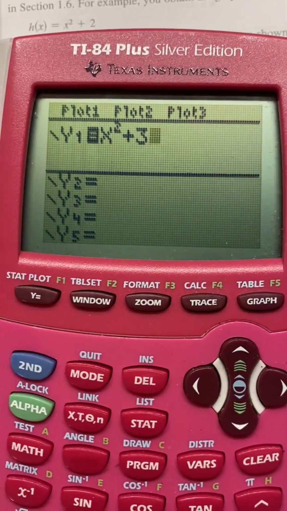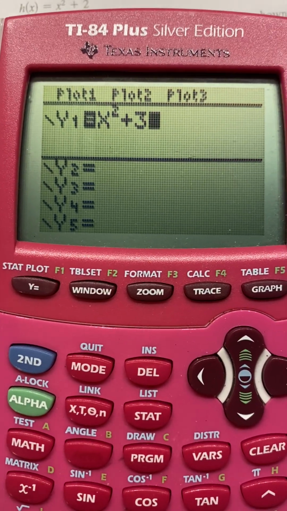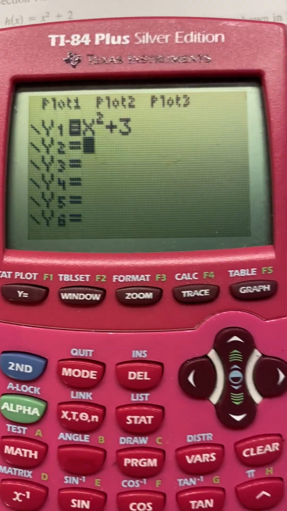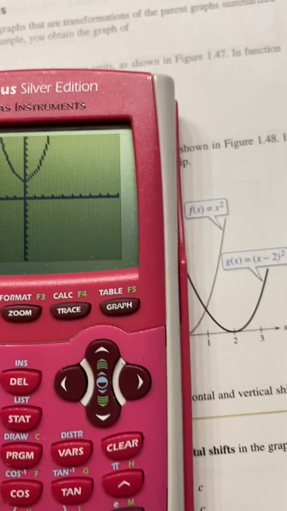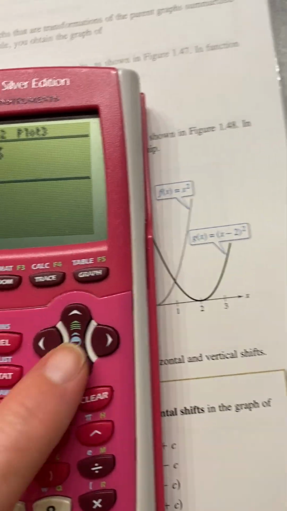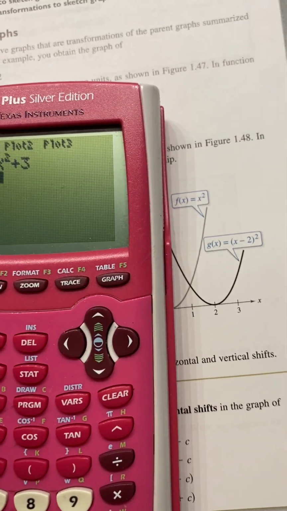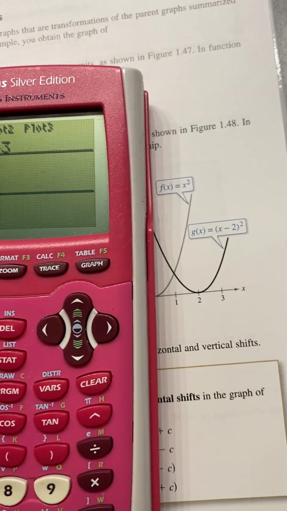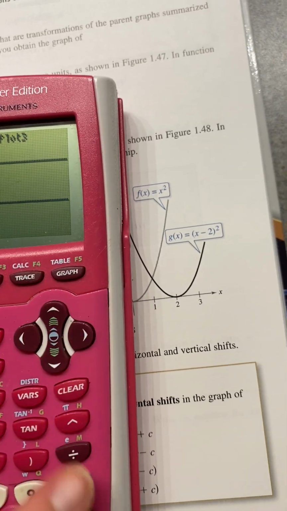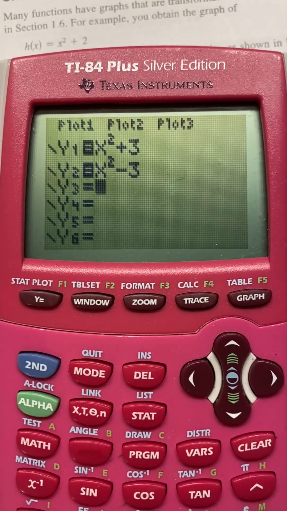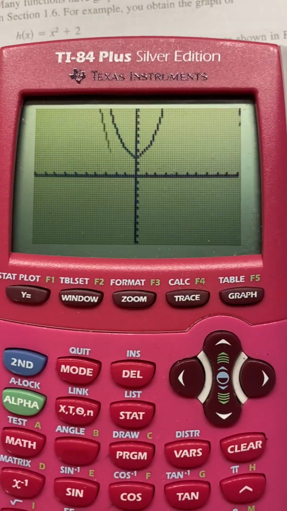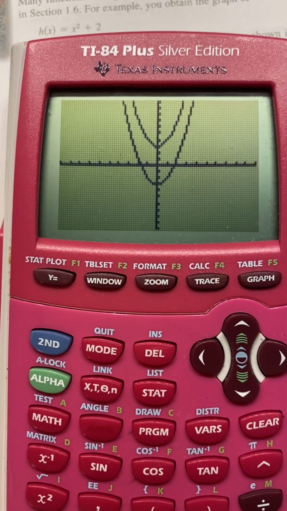So which way would this shift our parabola? Plus 3 is going to move this parabola up. And if I went down here and did y equals x squared minus 3, which way would that shift? That would shift the graph down.